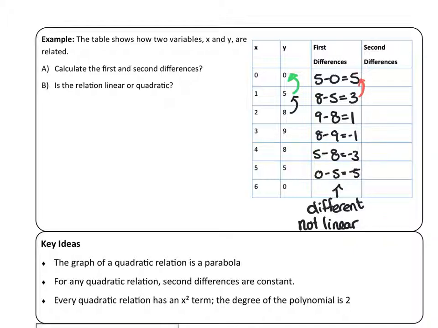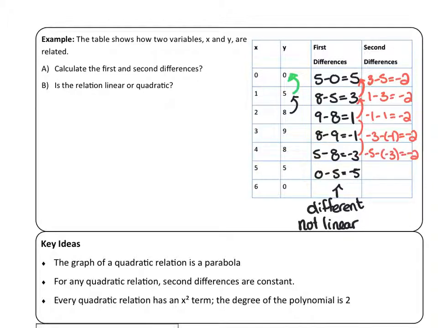So we're going to subtract these ones. In this case, 3 minus 5 is negative 2. 1 minus 3, negative 2. Negative 1 minus 1, negative 2. We just keep going. Negative 3 minus negative 1 is negative 2, and negative 5 minus negative 3 is negative 2.